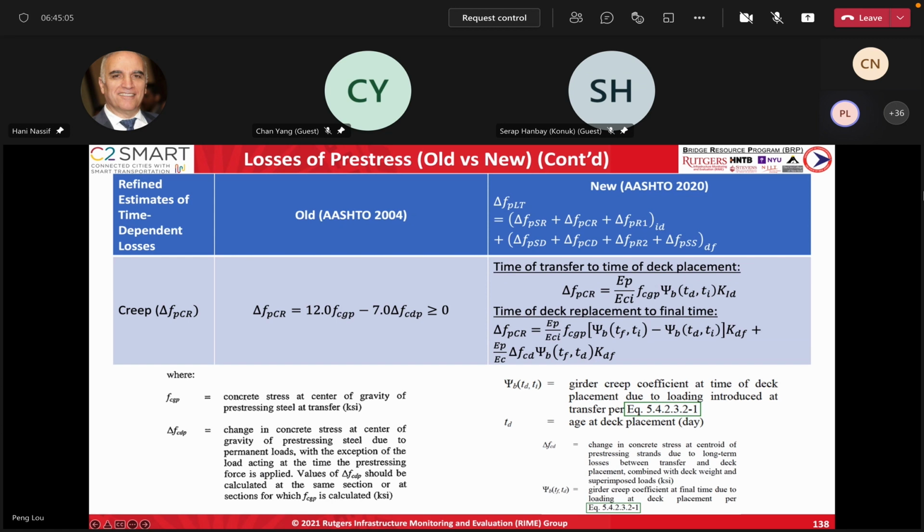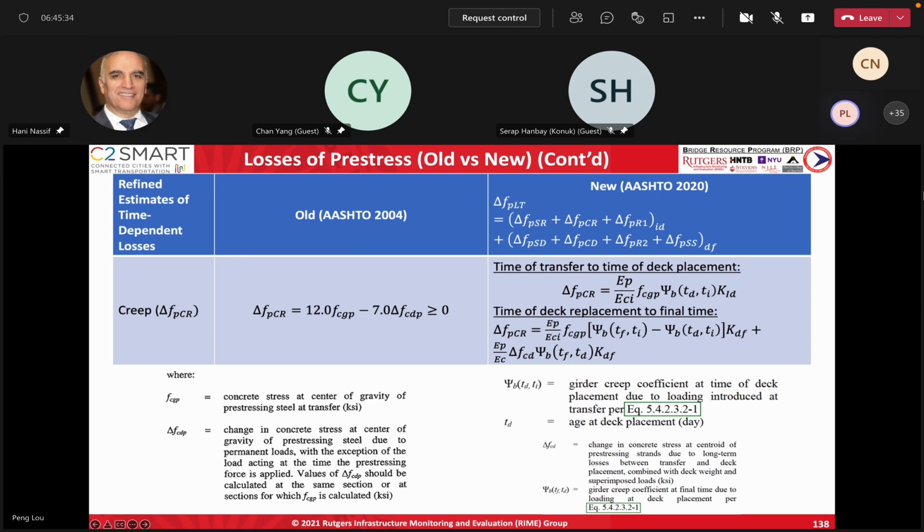This is also a little bit complicated, mainly because you have the phi factor, phi B. Here td is the time of deck placement, and ti is the initial time at transfer. We use those two parameters to differentiate between the two time periods.